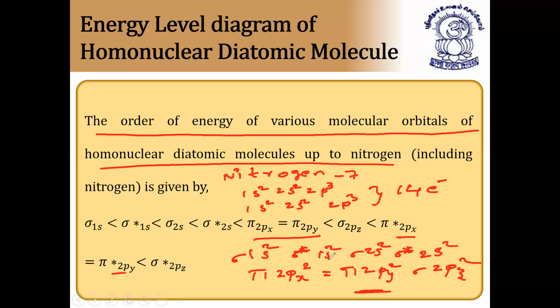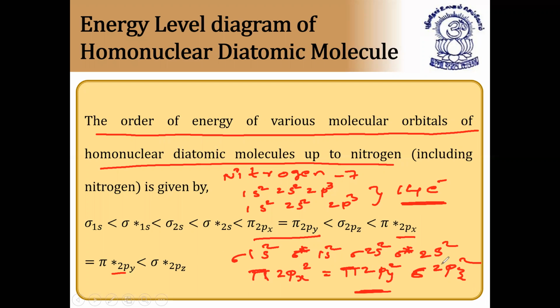This is the configuration of nitrogen molecular orbital: sigma 1s2, sigma star 1s2, sigma 2s2, sigma star 2s2, pi 2px2, pi 2py2, sigma 2pz2. This is the configuration of the nitrogen molecule as it has 14 electrons. Together, two nitrogen atoms have 14 electrons.